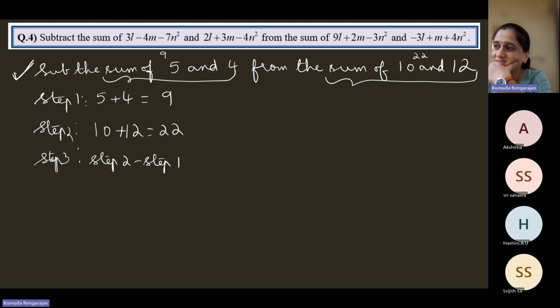Very good, very good. Any method, vertical or horizontal method, any method.